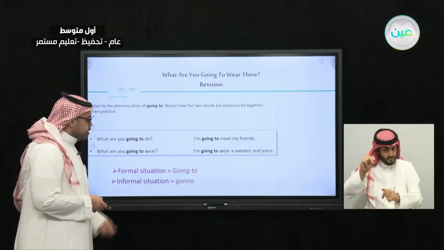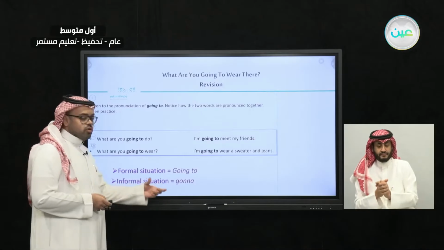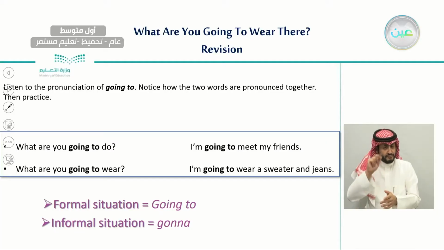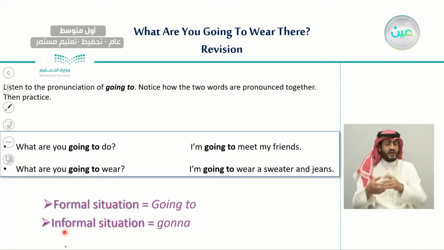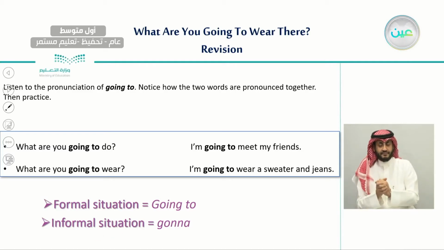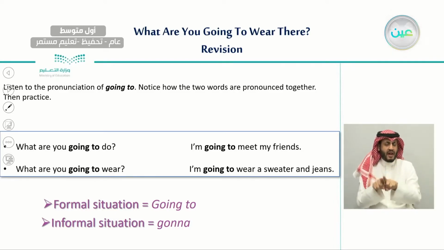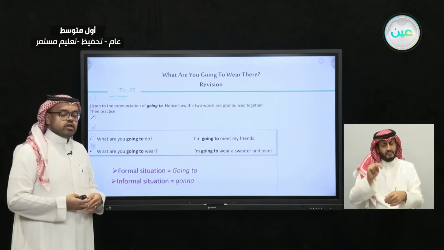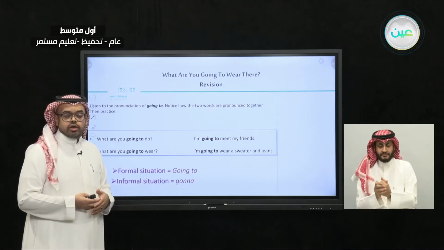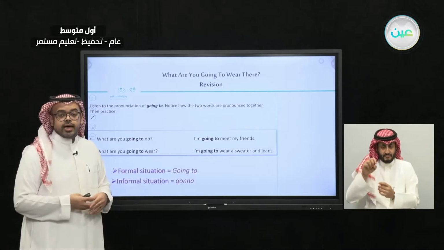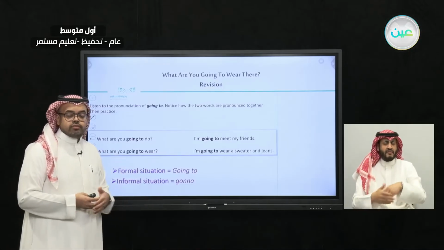And we use the other form of "going to", which is "gonna". We usually use it in informal situations, maybe when you're talking to your friends, a family member or a classmate. For example, when you say, "I'm gonna play football, I'm gonna eat out, I'm gonna play video games."